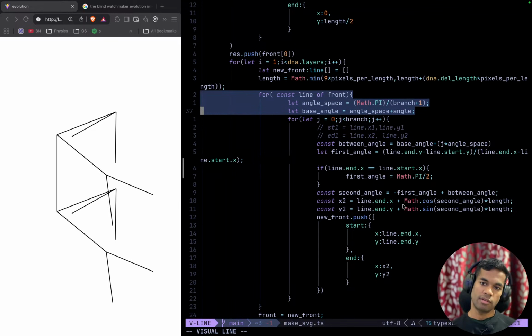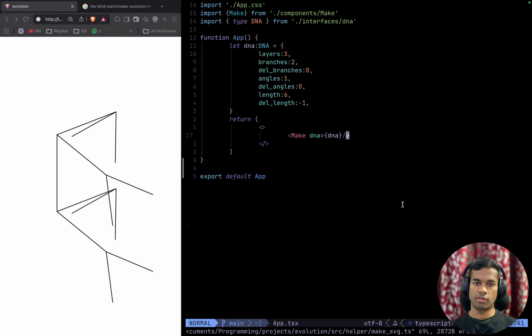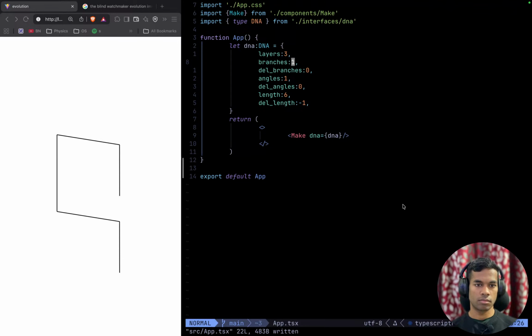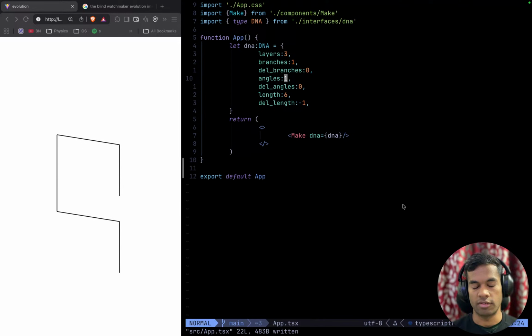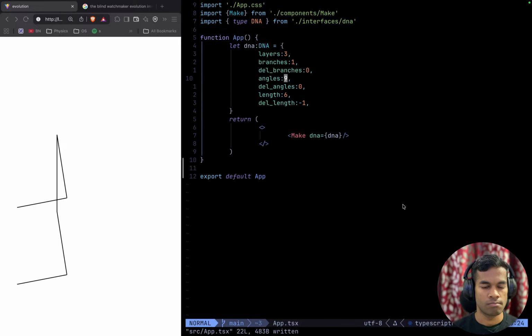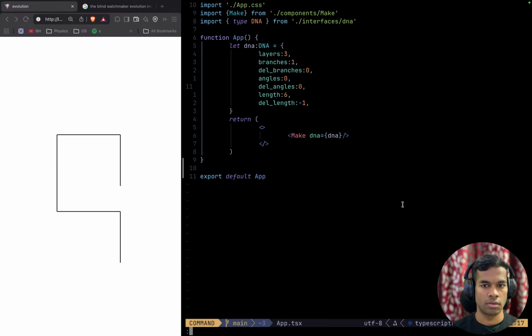Let angle is space, math dot pi divided by branch space. This should be working. Yes, that is wrong. That is clearly wrong. Length 6 minus 1.